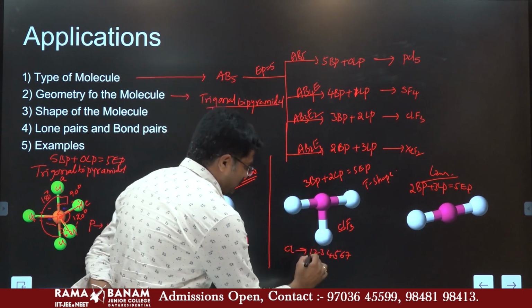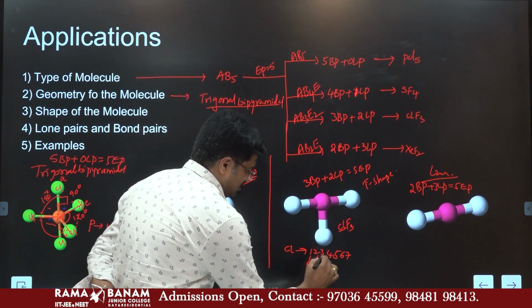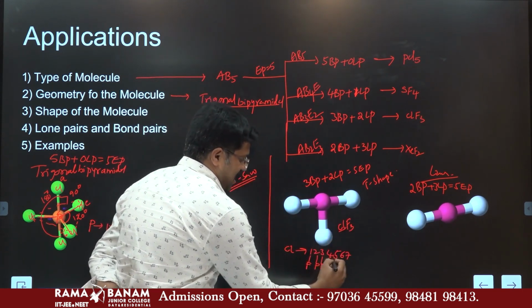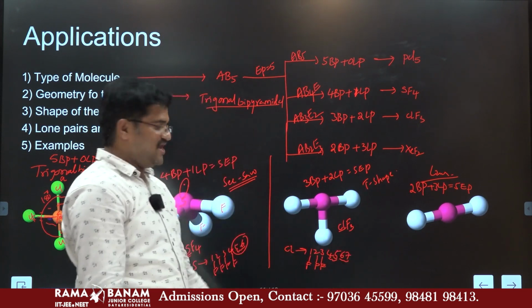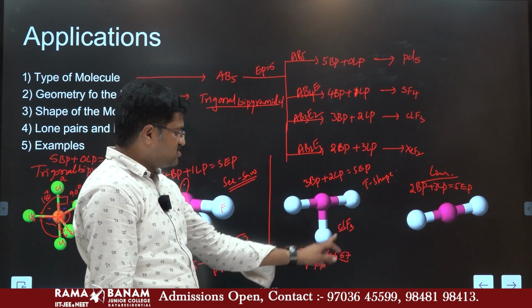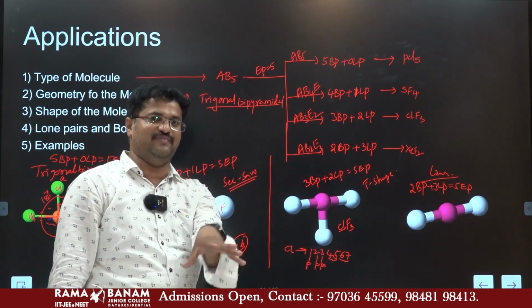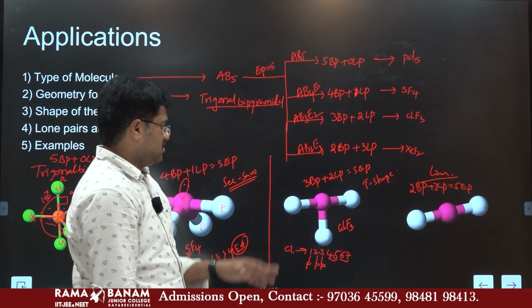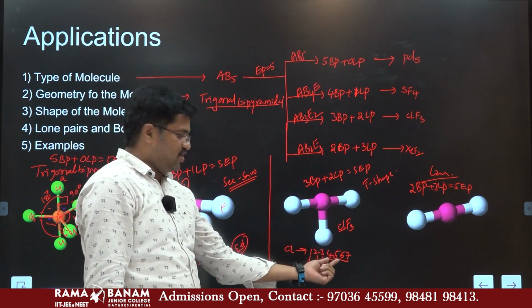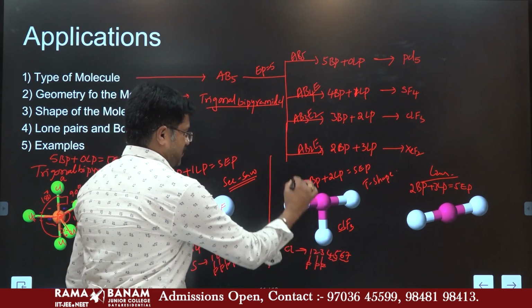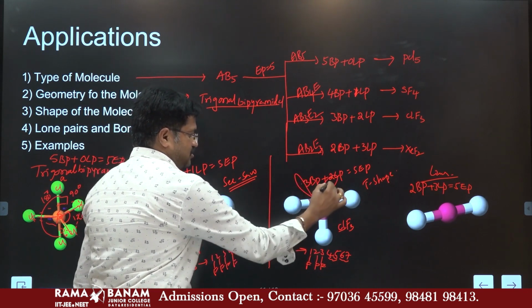Fluorine forms single bonds. Here 3 bonds and 2 lone pairs of electrons. These lone pairs are also arranged in equatorial positions only but not axial. So, 2 equatorial positions: this is one lone pair, this is another lone pair.